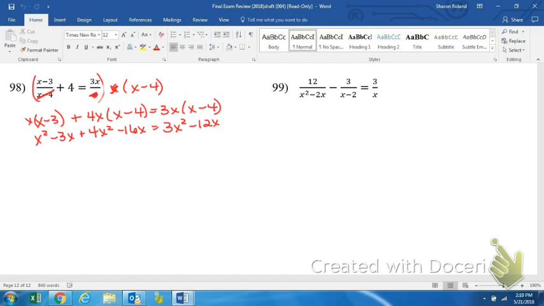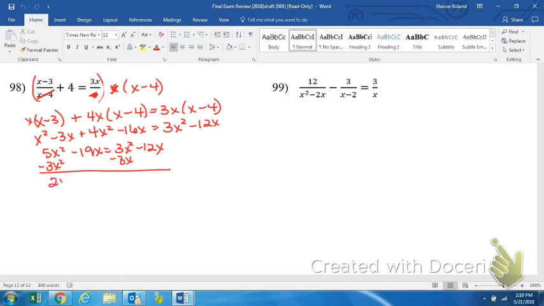I'm going to combine like terms. On this side, you have 5x squared minus 19x, and it equals 3x squared minus 12x. And I'm going to subtract 3x squared from both sides.